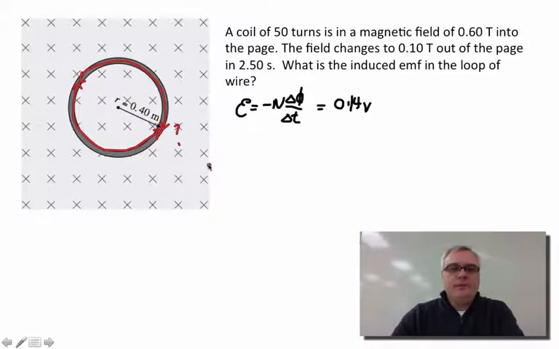Okay? So the first thing we want to do, because it depends on the original change in the magnetic flux, is write down the direction of that change. So the first thing I'm going to say is that the magnetic flux starts off going into the page, and it changes direction to out of the page. Okay? And it's decreasing. So it goes from 0.60 Teslas to 0.10 Teslas. So there is a decreasing magnetic flux into the page.